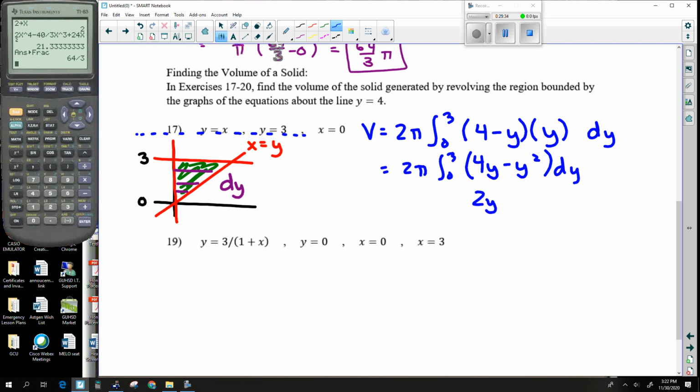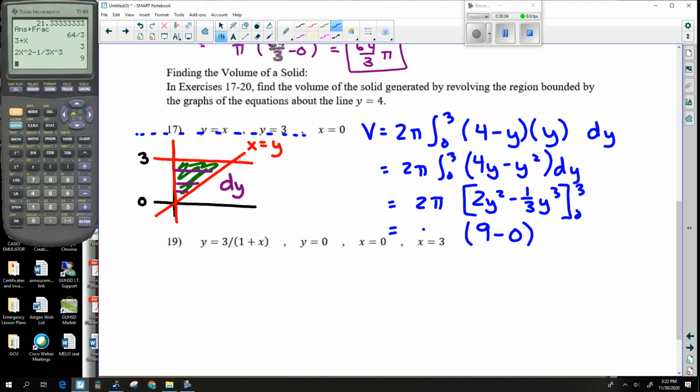So this is 2y squared minus 1/3 y to the third, 0 to 3, times pi. Straight up 9. So I have that one coming out to be 18 pi.